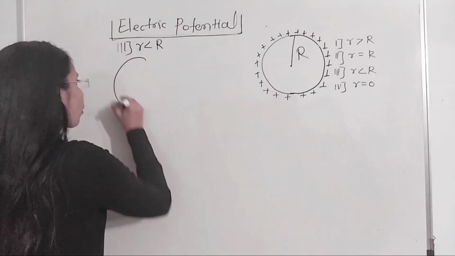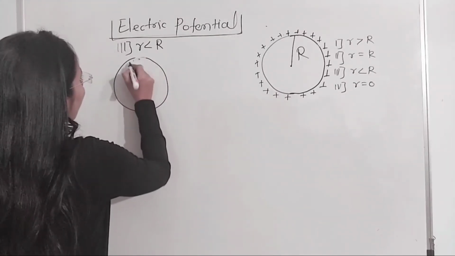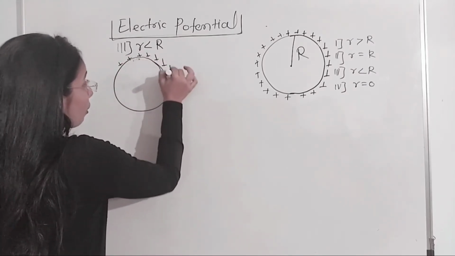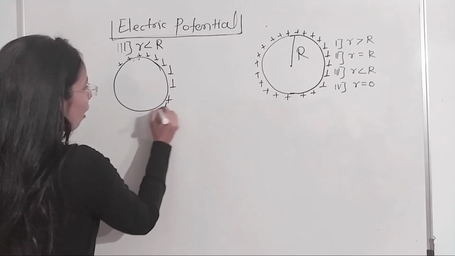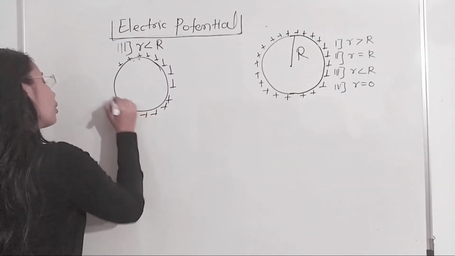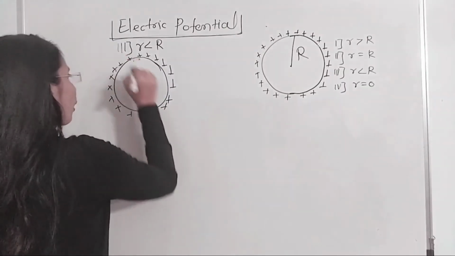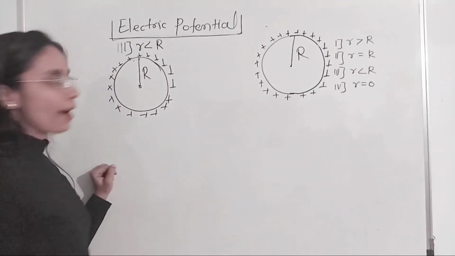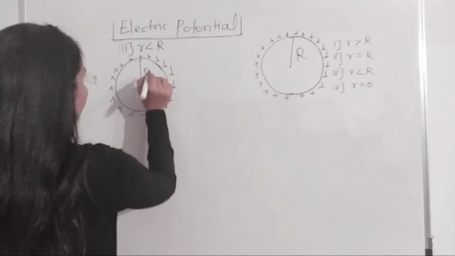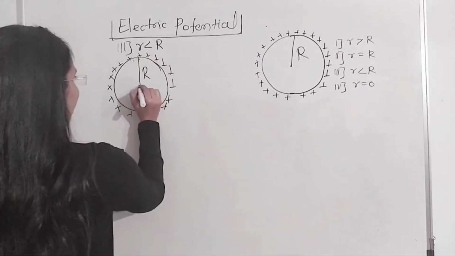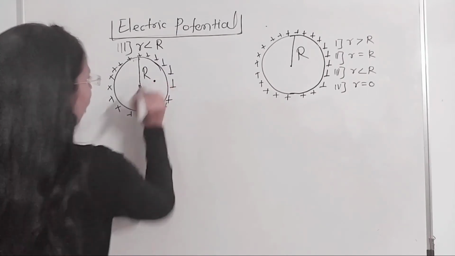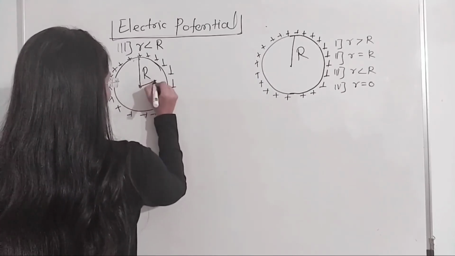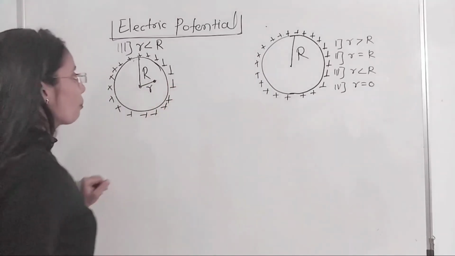Suppose this is our hollow sphere, with plus Q charge on it. This plus Q charge resides on the surface of the hollow sphere, and the radius of that hollow sphere is capital R. We have to find the potential inside the hollow sphere, that is r is less than capital R. Suppose at that point we have to find the electric potential. The distance of that point from the origin is small r.